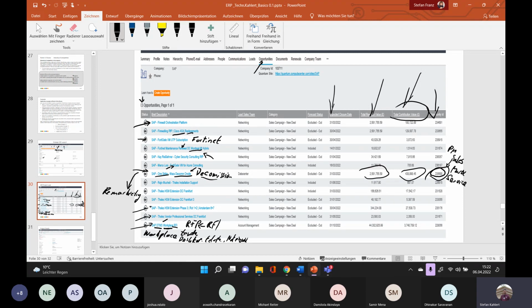The reason is, with such a pipeline, you can now create reports for the upper management, for the project team, and everyone can see, okay, what is our project load? What is the pipeline for my projects? What will be the forecast? And how is the development of the client?